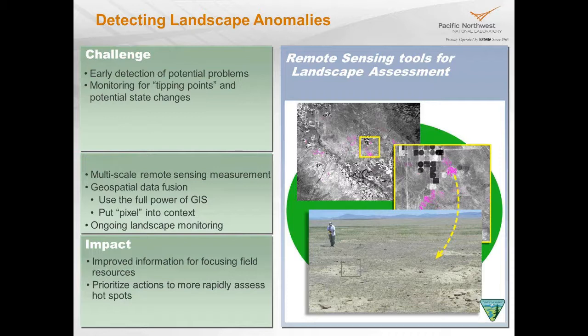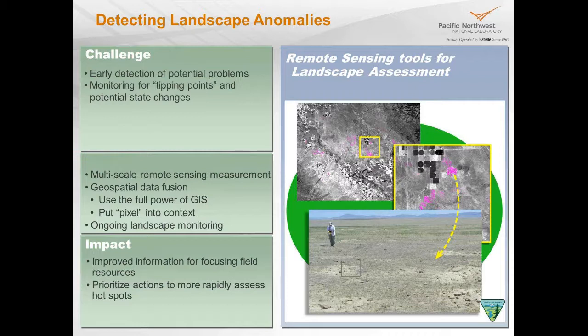The idea behind that is detecting early some sort of potential problems, or monitoring for tipping points and state changes that may be going in a negative direction, or even, in a restoration application, checking whether something is improving based on the restoration.